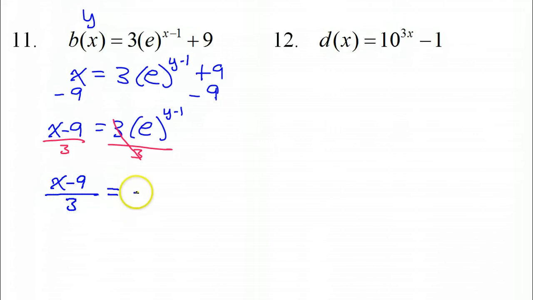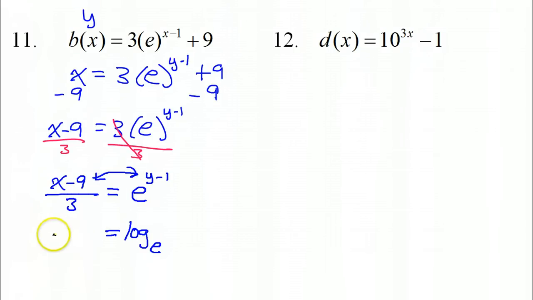Now that we have the base and the power by itself, we can rewrite this in log form, starting with the base. So at first, I write log base e, and then I switch places. So y minus 1 is over here, and this mess is going to be right here, so it'll be x minus 9 over 3.